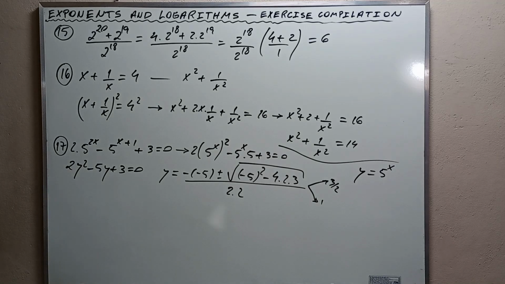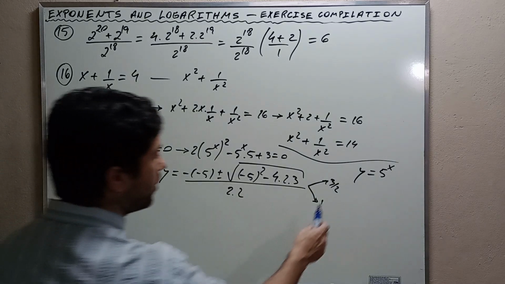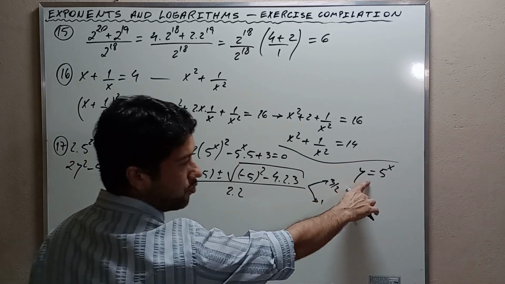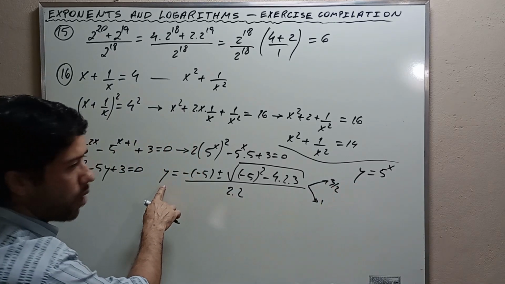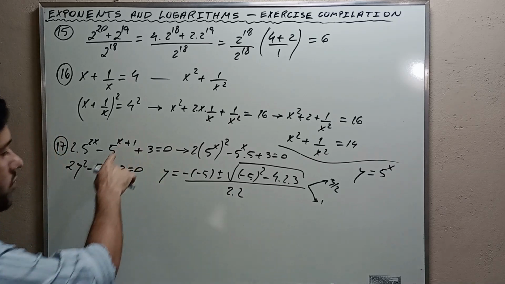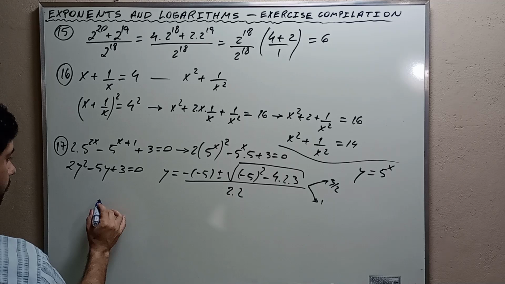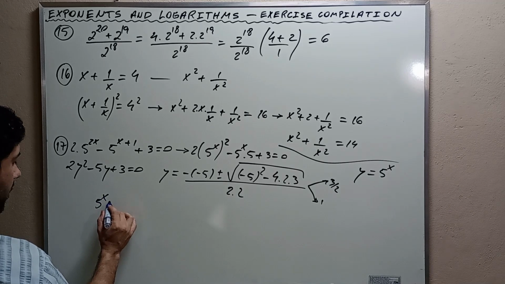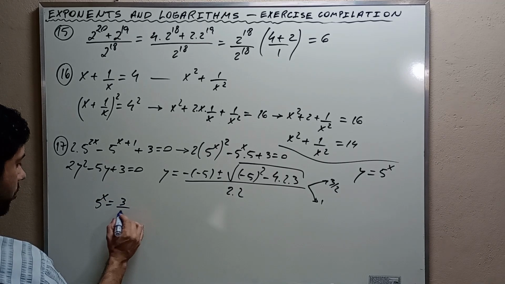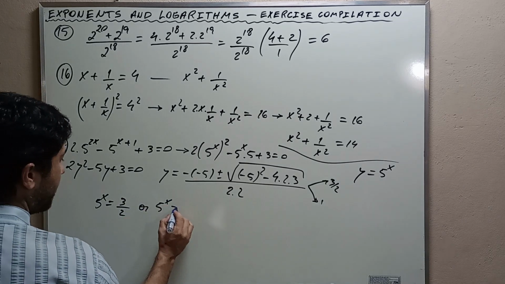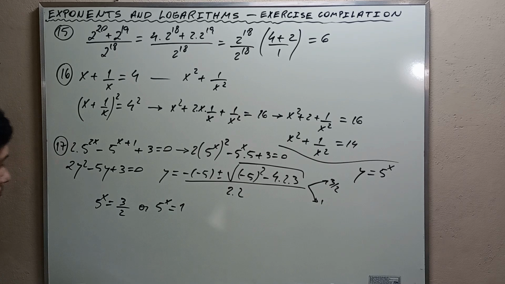Okay? And if we substitute, we have to return to this because we don't want y, we want x in the original equation. If we substitute, 5 to the x has to be equal to 3/2, or 5 to the x has to be equal to 1.